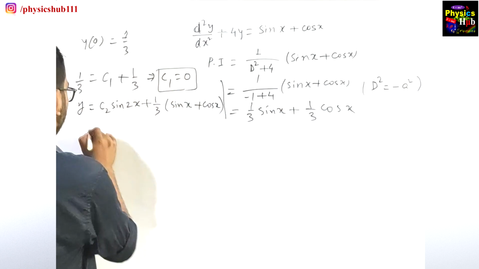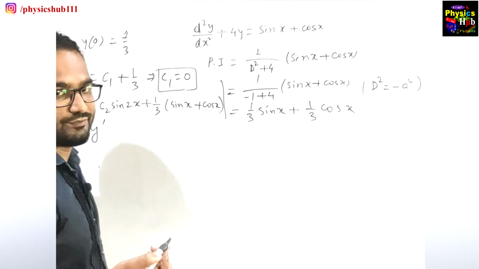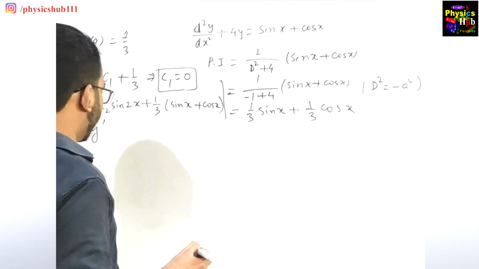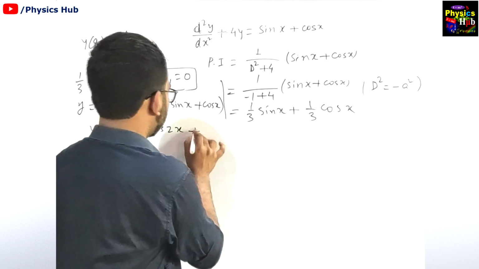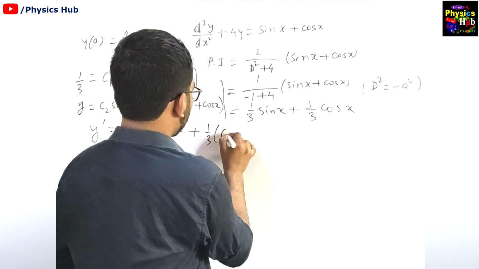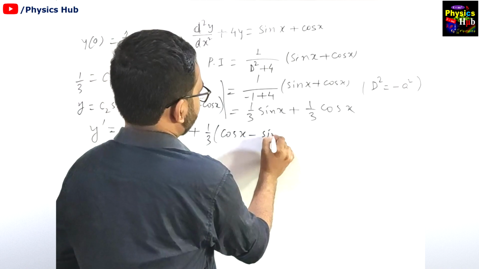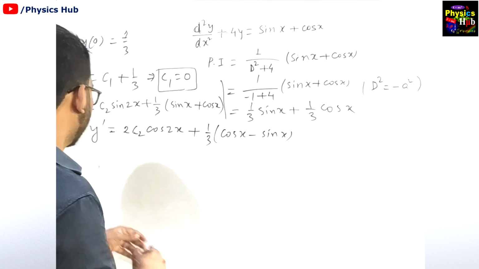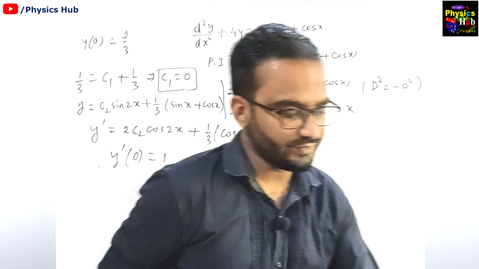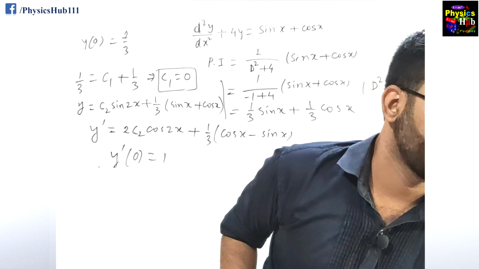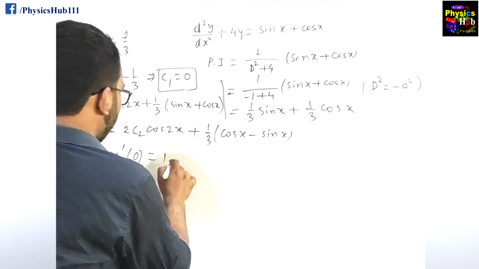So first of all we have to find out y prime, because we have to find the value of y prime. So this is giving you 2 C2 cos 2x plus 1/3 taken common, cos x minus sin x. Now in the question it is given y prime at x equals 0 equals 1.